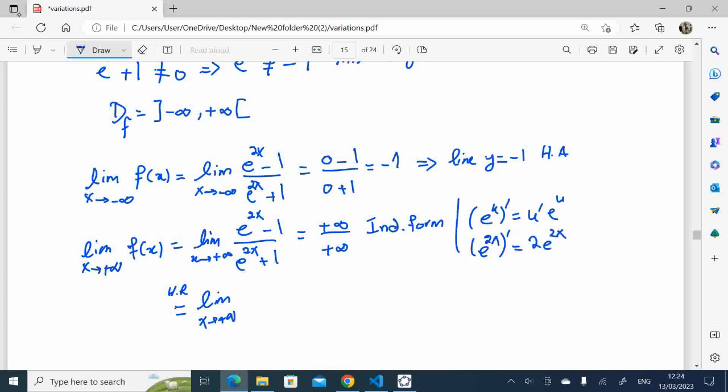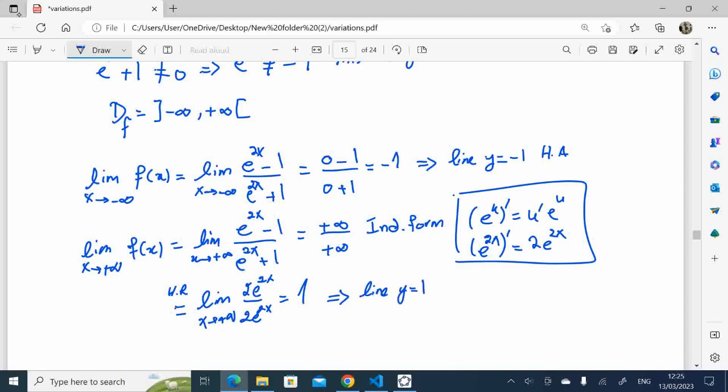So let's apply it here. We get e^x over e^x, which is 1. Hence, the line y = 1 is another horizontal asymptote.